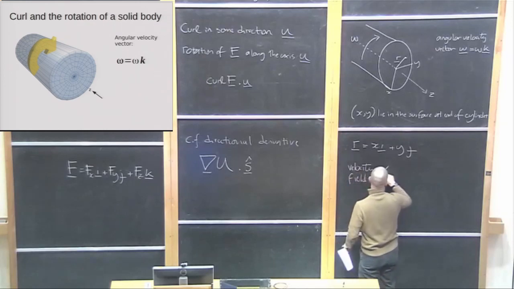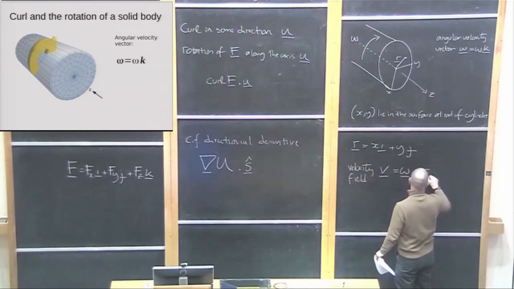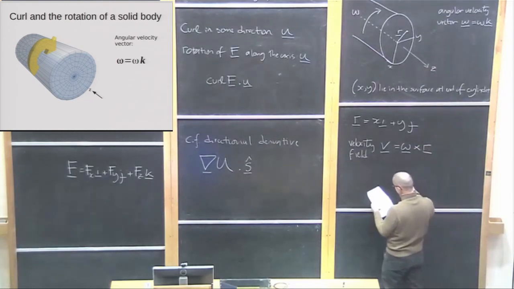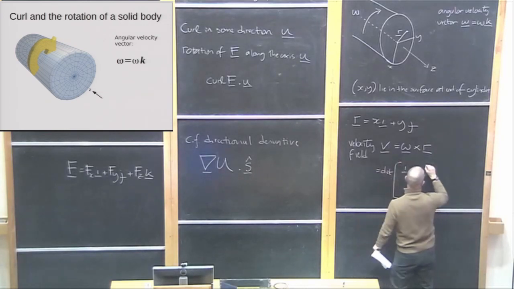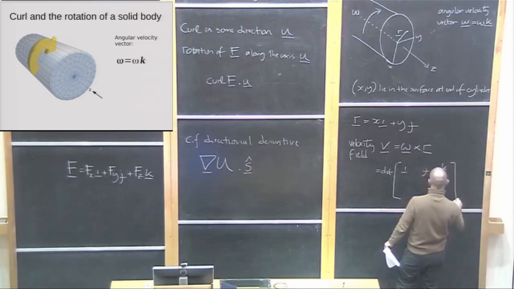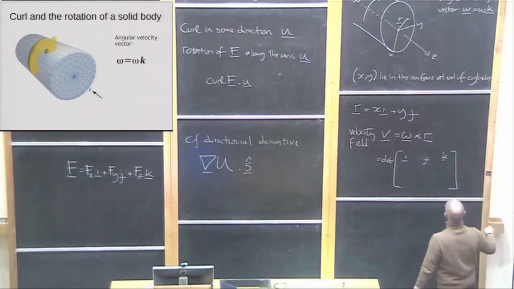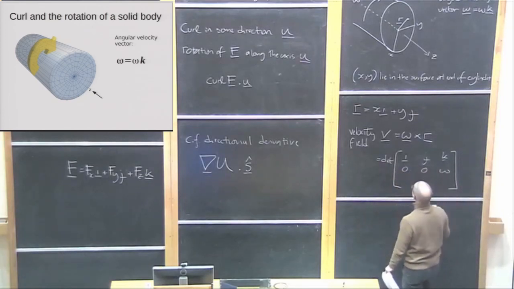The velocity field V is the cross product of the angular rotation field with this position vector. So this is the determinant of i, j, k. Our angular rotation field only has a k component, so that's 0, 0, omega.